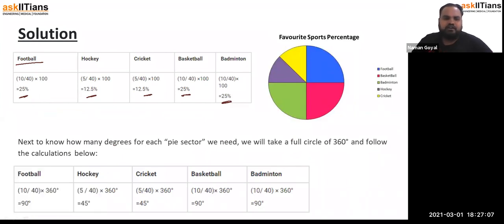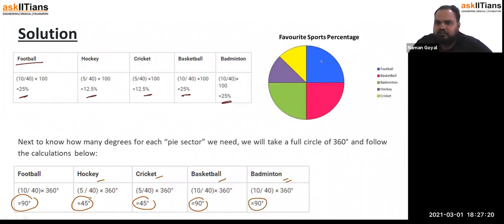Now see the solution of this particular problem. 90 degrees for football, 45 degrees for hockey, 45 degrees for cricket, 90 degrees for basketball, and 90 degrees for badminton. This particular part, 90 degrees, is represented by football. Basketball is this, so 90 degrees is for basketball.